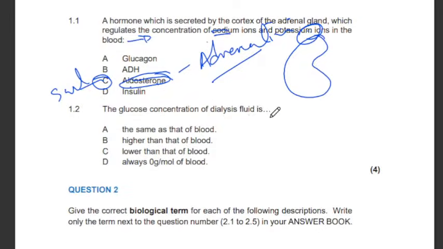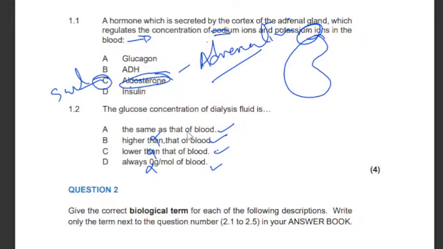Glucose concentration of dialysis fluid is the same as the blood. They are saying that it is higher than that of blood, lower than that of blood, or always 0. It can't be 0, it can't be lower than blood, and it can't be higher than blood.